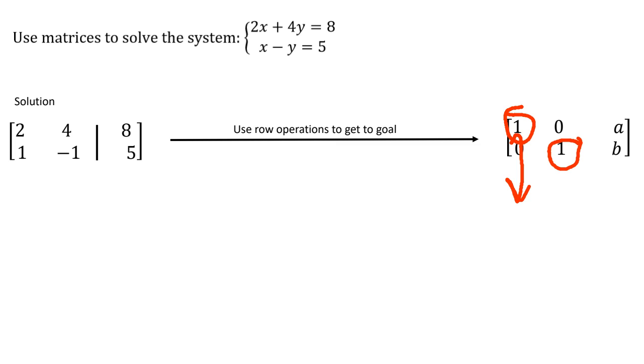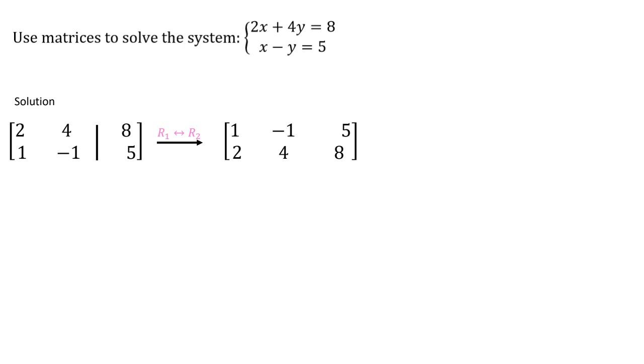Then you use that 1 to make everything above it zeros. If you don't follow this process, then you might be changing and going around in circles, which could lead to frustration. Okay, so let me go ahead and write up here our goal so that we can see it.